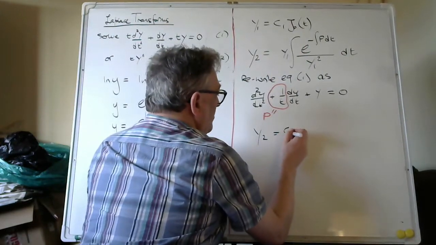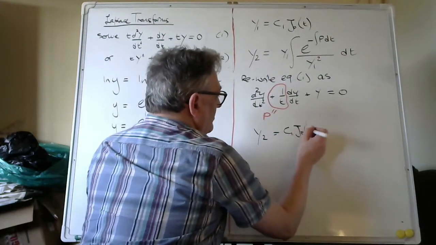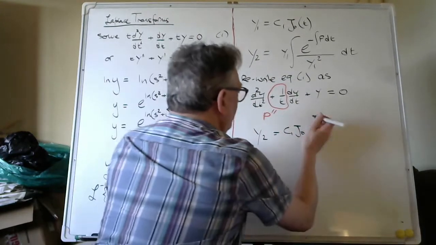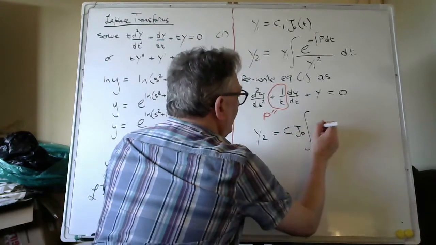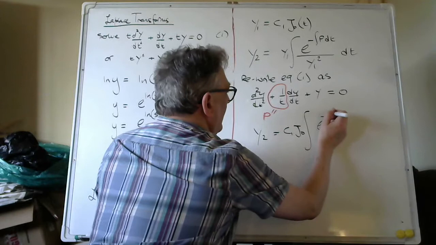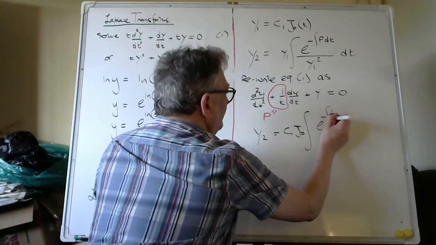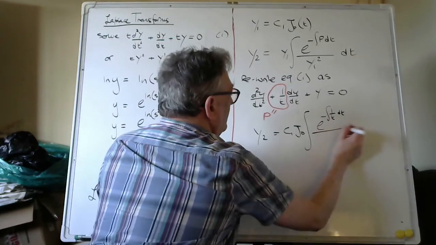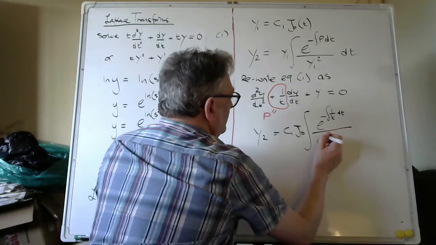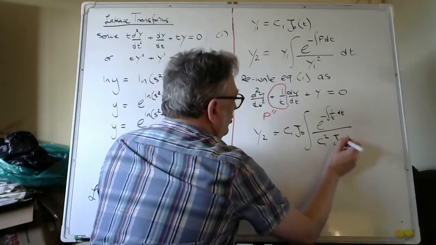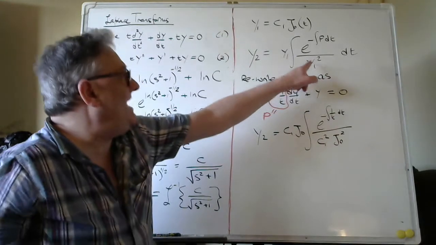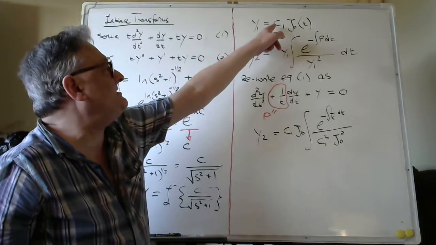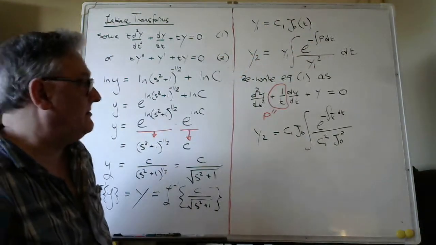So we've got c1 j sub 0, we'll just ignore the t for now, times the integral of e to the minus the integral of 1 over t dt, over c1 squared times j naught squared. Can you see we've squared the first linearly independent solution so that we get c1 squared j naught squared?